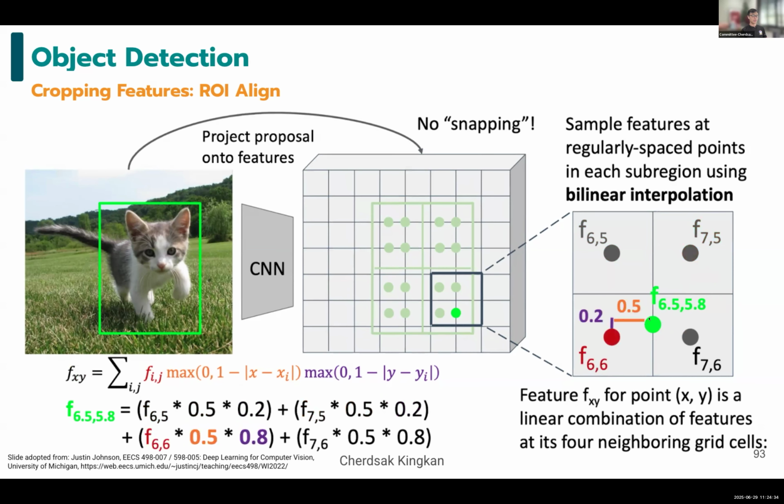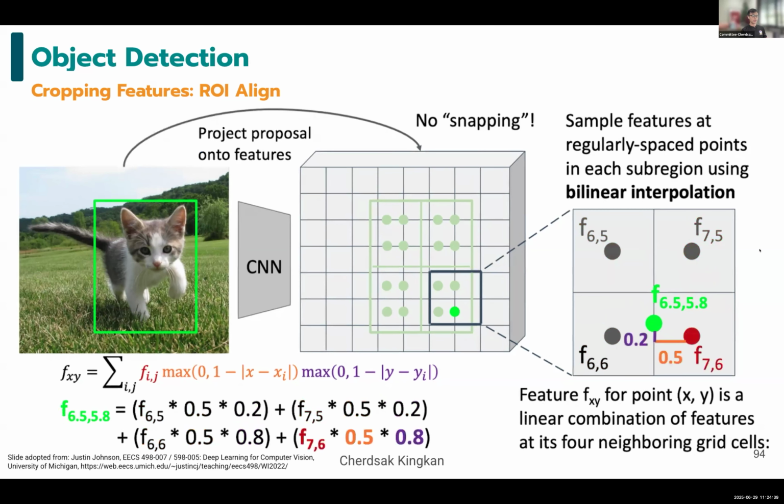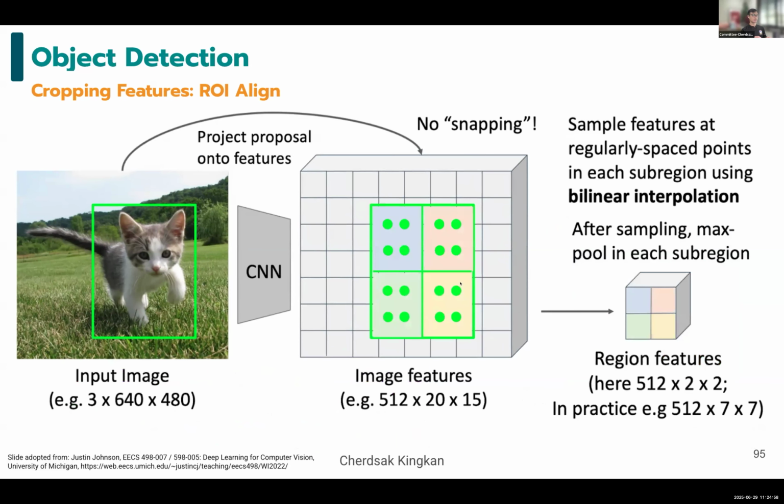You keep doing that with all four neighbors, sum them up, and you get the final value for this point. You keep doing this for every point in the sub-regions, and then you take a max pooling within these sub-regions. You get the region features.